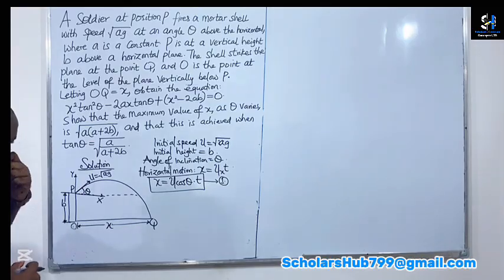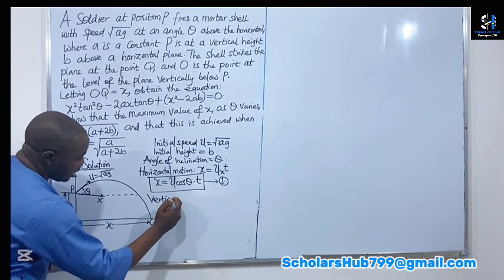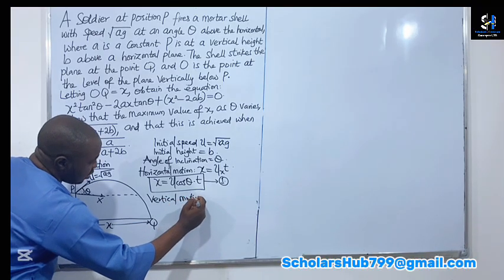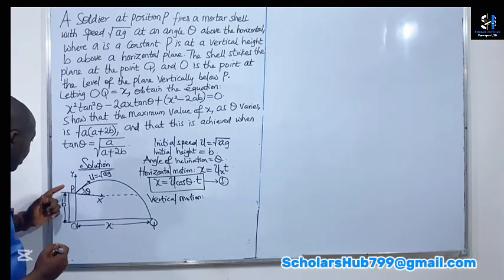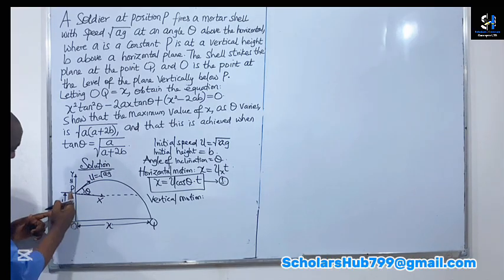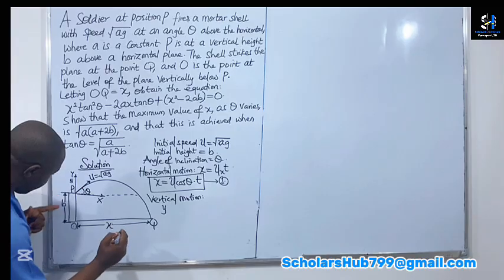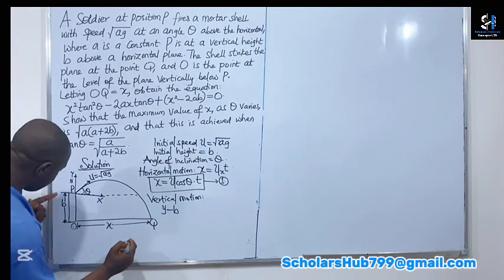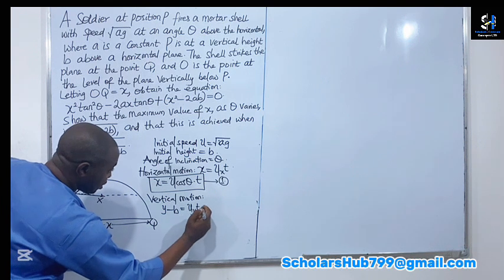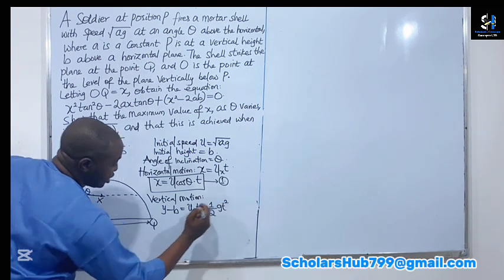Now for vertical motion, like I said, there are two motions in this case. For vertical motion, we have y, and this is the initial height. So we're going to use y minus b equals uy multiplied by t, minus 1/2 g t squared.